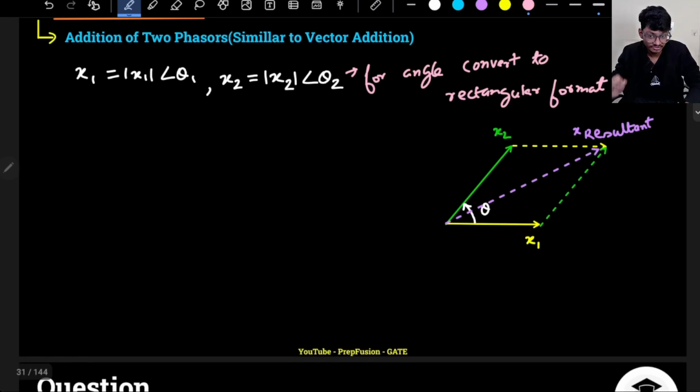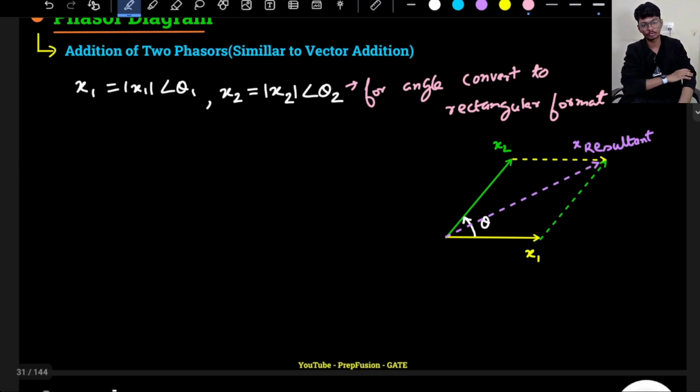Now if you want to just find out the magnitude, there is a shortcut. Basically it is a vector addition, and I hope you know how to do vector addition. In vector addition there is the parallelogram law. What does the parallelogram law say?